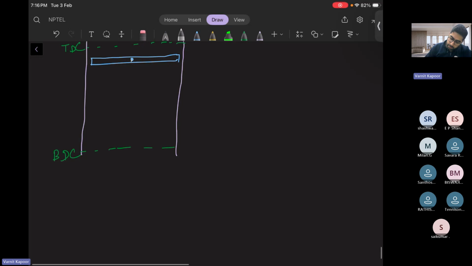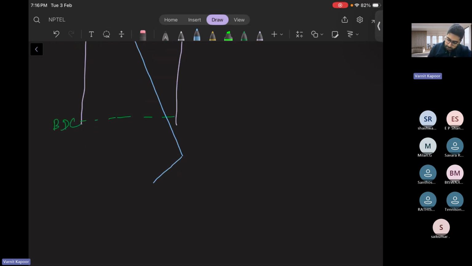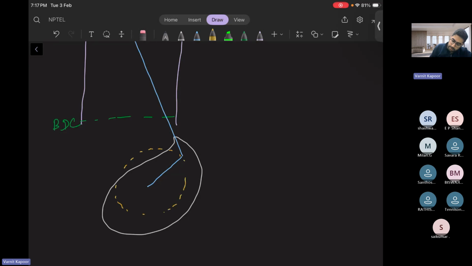Again, this is your connecting rod, this is your crank, and this is connected to a shaft and eventually a flywheel. Let us say this is the radius in which your crank is revolving. This is your flywheel.